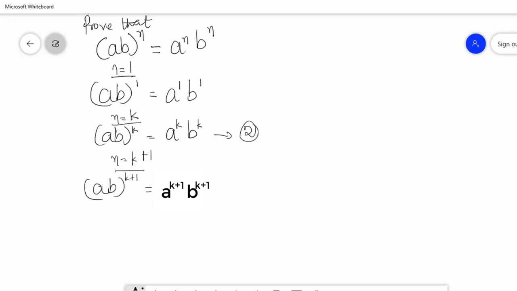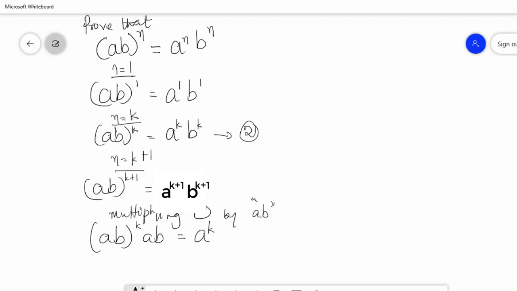Using what we had and then comparing it to this, you can see that if we multiply equation 2 by the expression ab, we are going to have (ab) to the power k multiplying ab, giving us a to the power k, b to the power k, and then multiply by the expression ab.